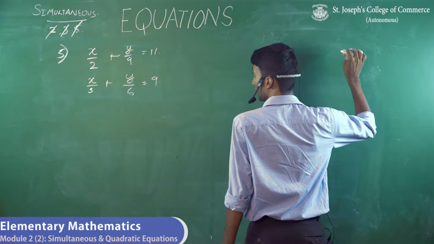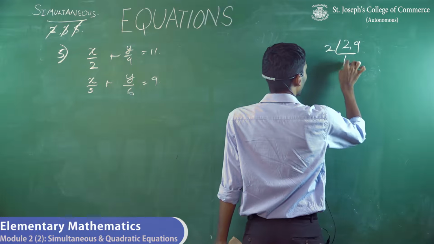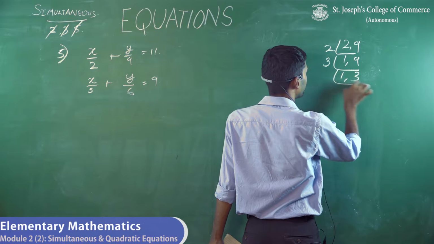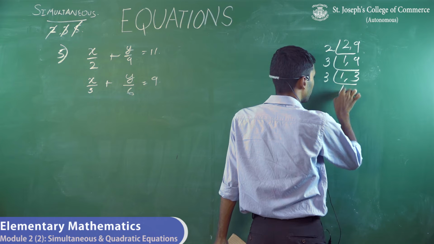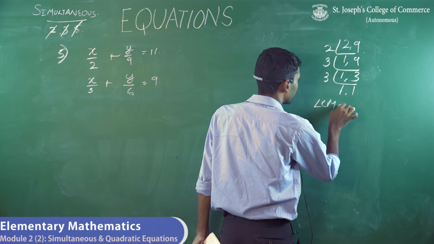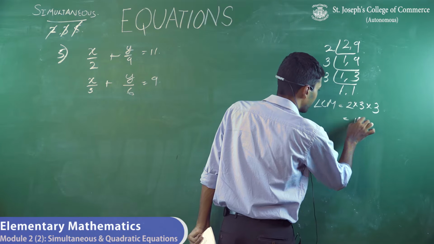So in the first equation, it's 2 and 9. So the LCM in the first case is 2 into 3 into 3, that would be 18.